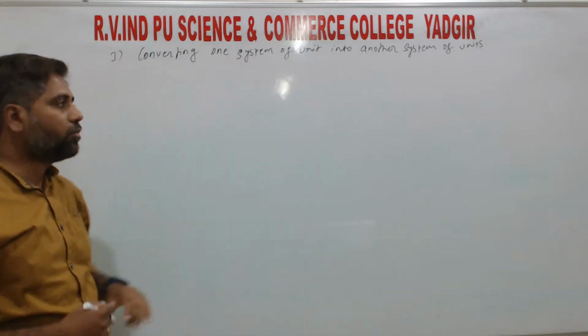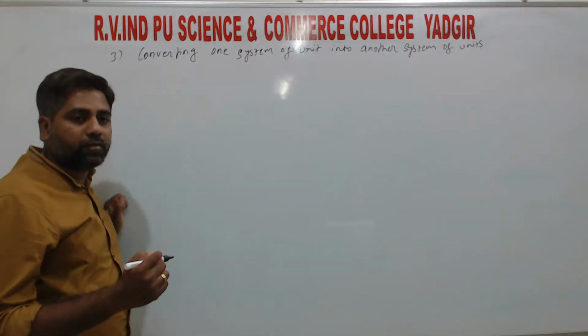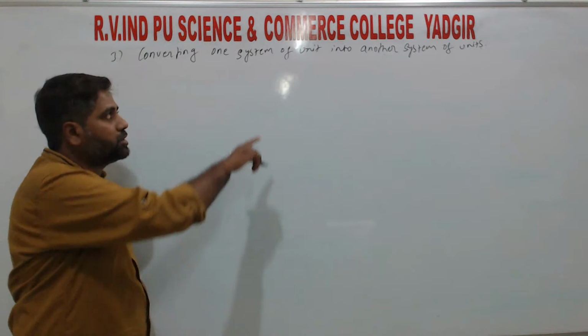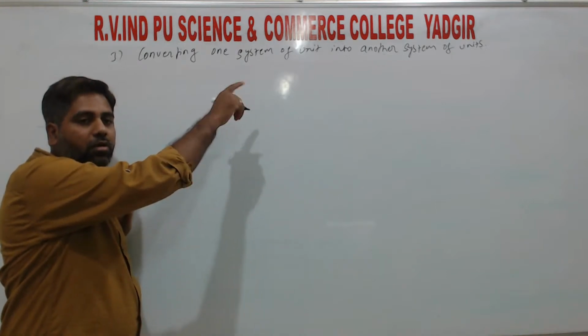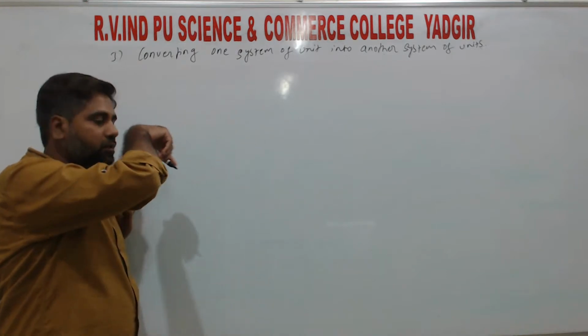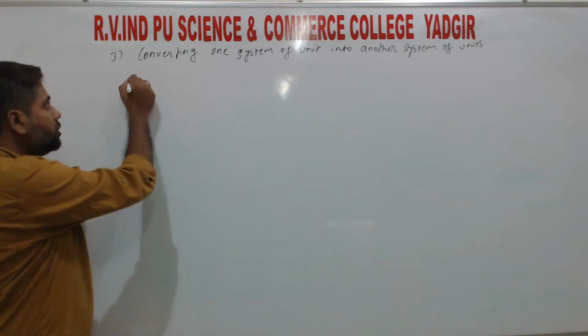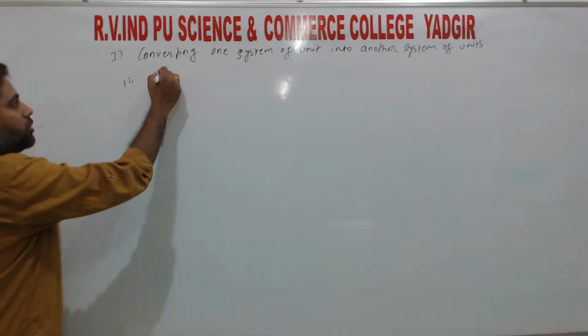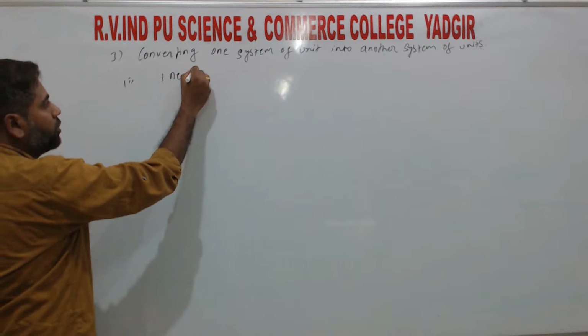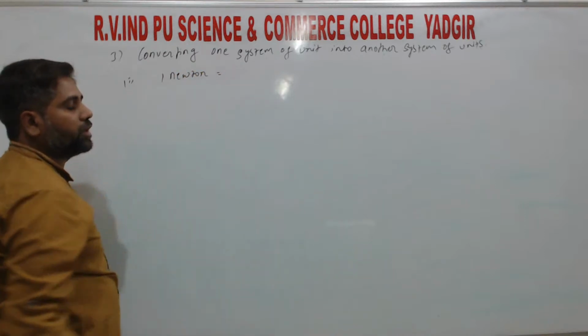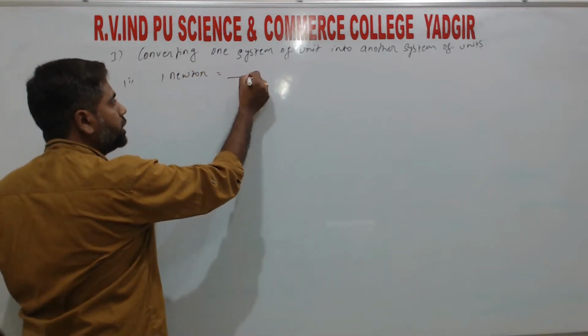So we have one physical quantity, and that physical quantity can be expressed in CGS system and also in SI system, right? For example, take the first one: 1 Newton is equal to how many dynes?